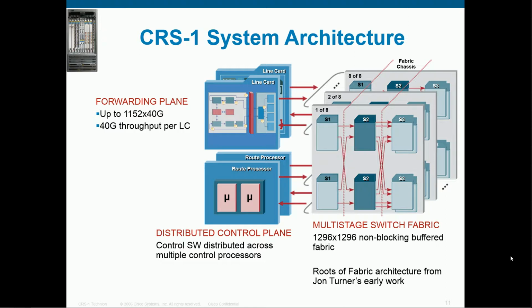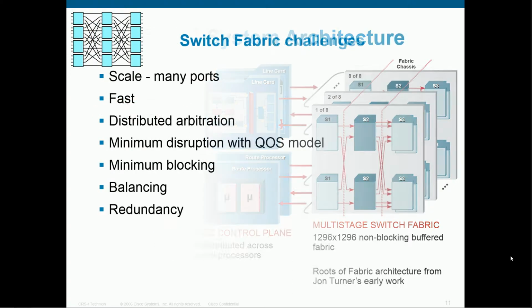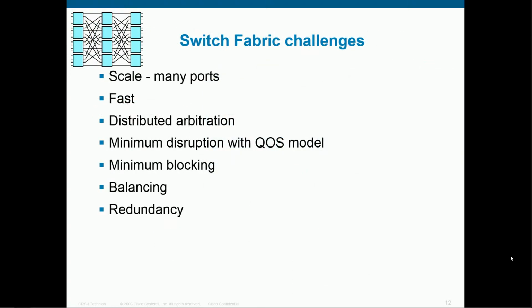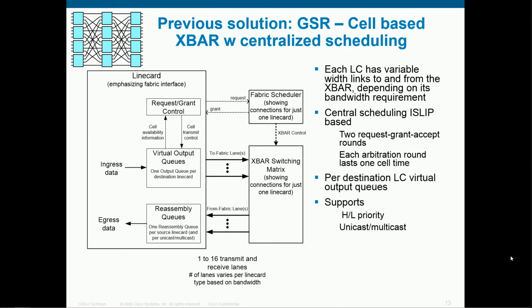So that's 1100 times 40 gigs, all because of the way that the fabric functions. Talk about amazing bandwidth. It's scalable, it's fast, it has minimal disruption with QoS modeling, blocking, balancing, and redundancy, which we've already discussed. But let's get into the nitty-gritty. How exactly does this thing work?